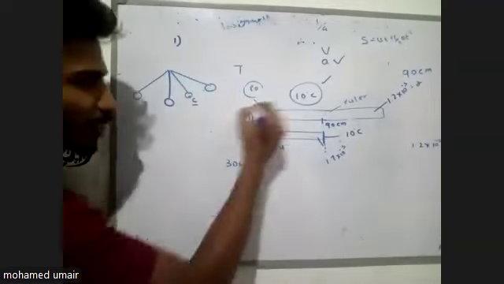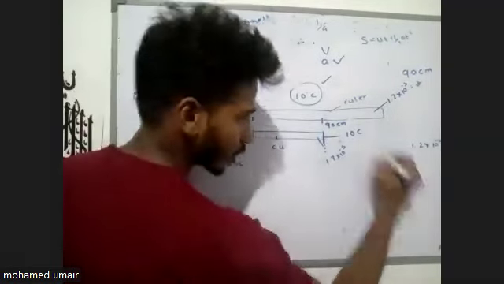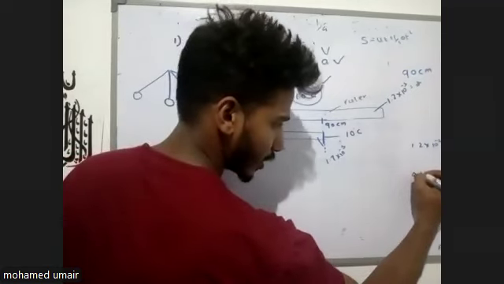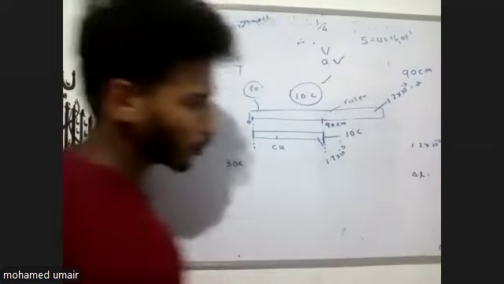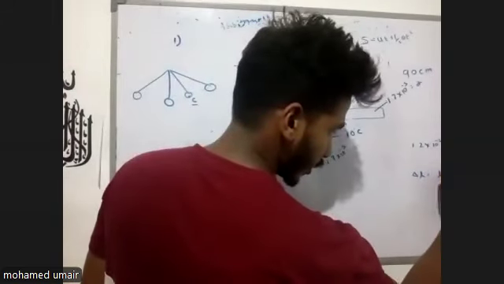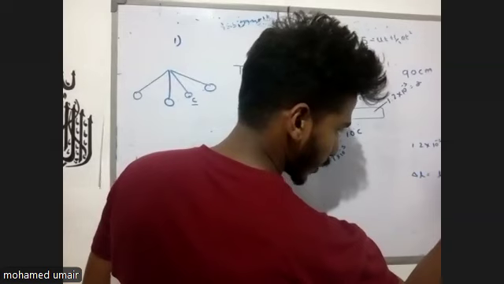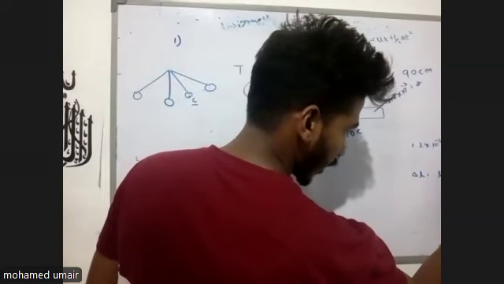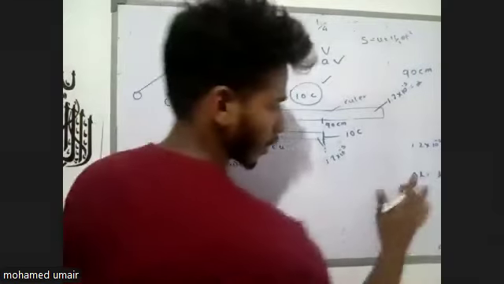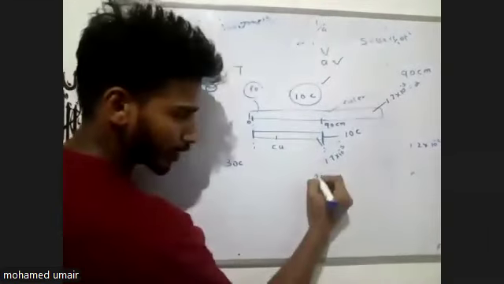So, we all know that generally the expression for the expansion is delta L is equal to initial length into 1 plus alpha delta theta. Sorry, it's not clear, right?